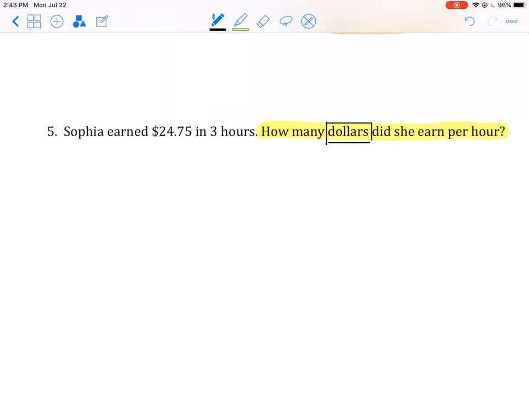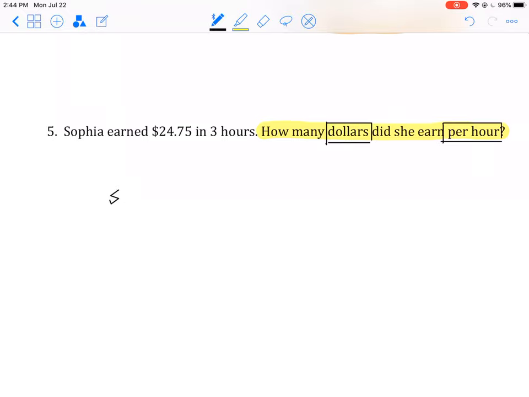Dollars per hour. You see how those unit rates just jump at you if you know what you're looking for? Always highlight your question, either on your paper or in your mind, and then look for the clues in the question. And they'll be there. Most always there will be clues in that question.